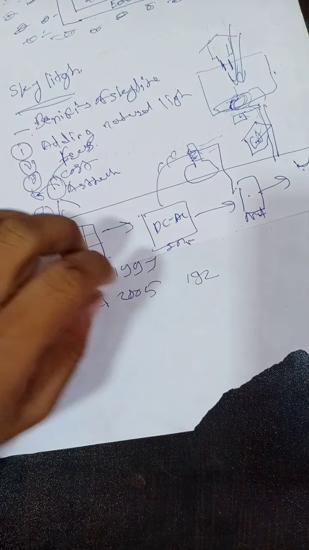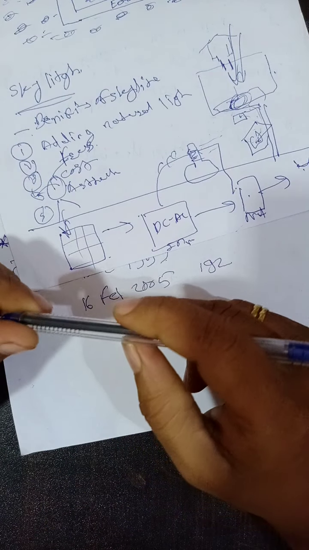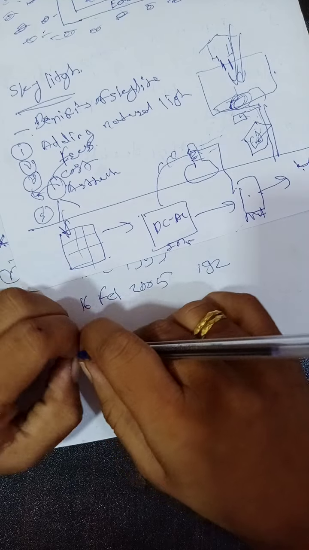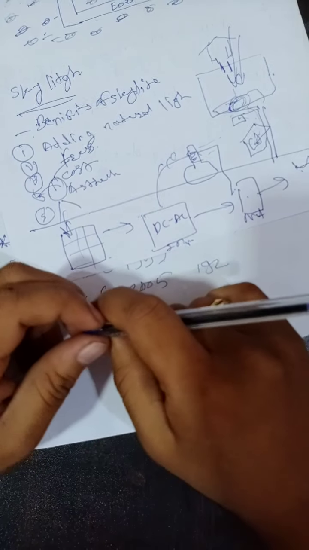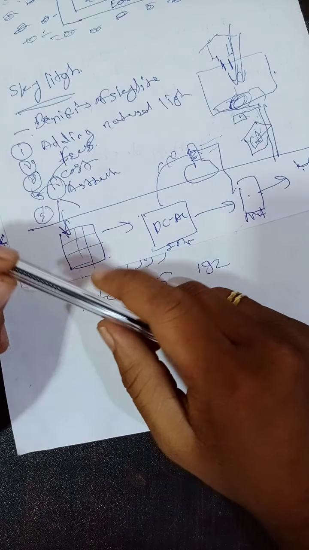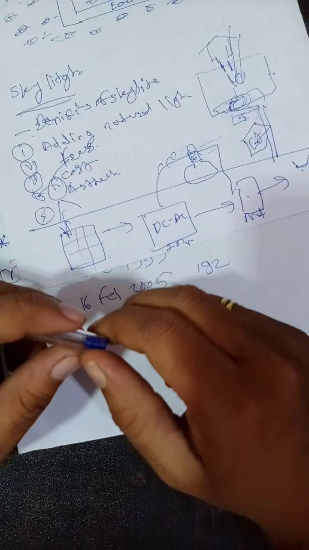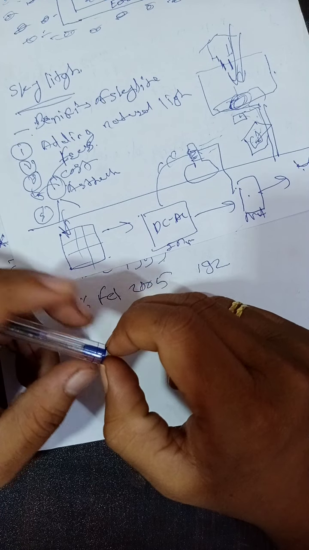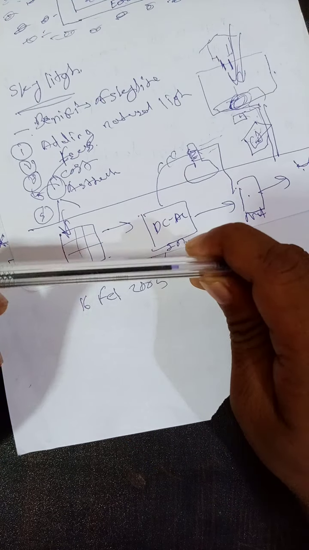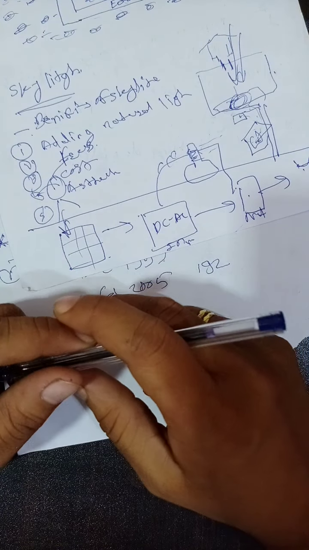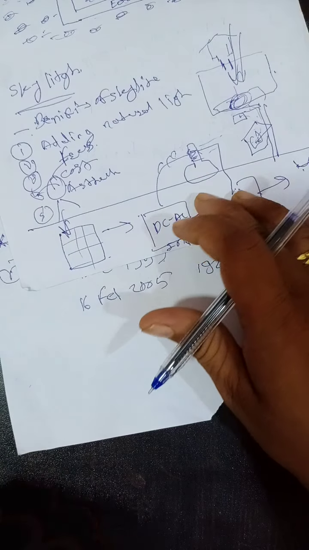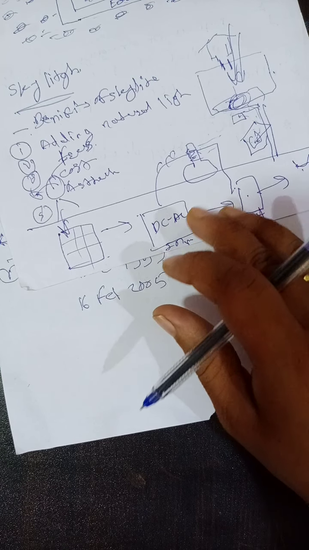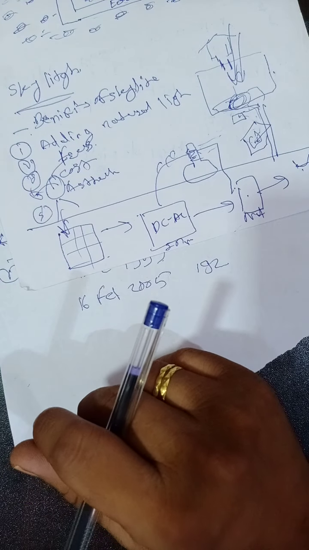So this is a very important Kyoto protocol which will have an effect on the greenhouse gases, right? Due to these greenhouse gases, pollution increases. So we have to control these greenhouse gases. For this purpose, this Kyoto protocol is established, right?